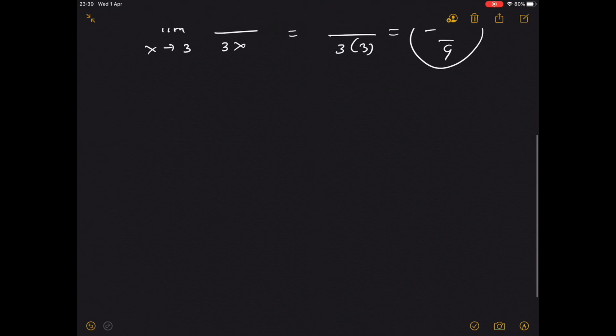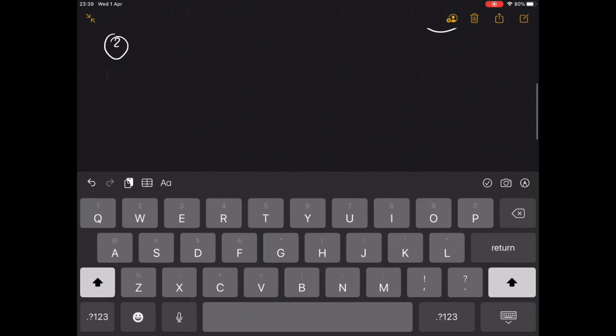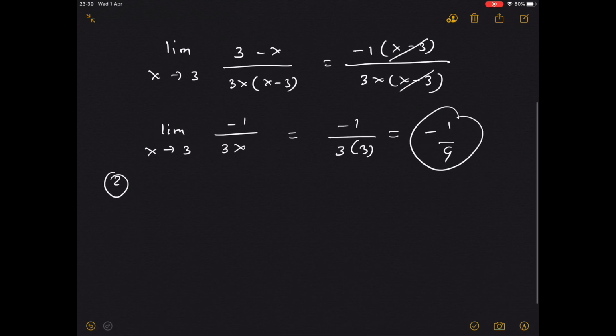Let's have another example involving complex fraction. So this time it's quite complex.